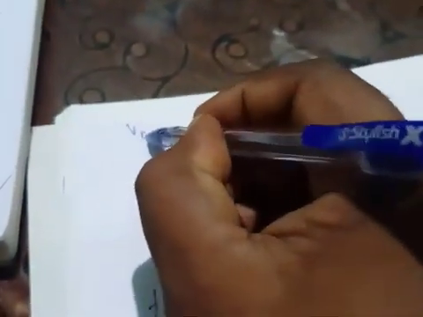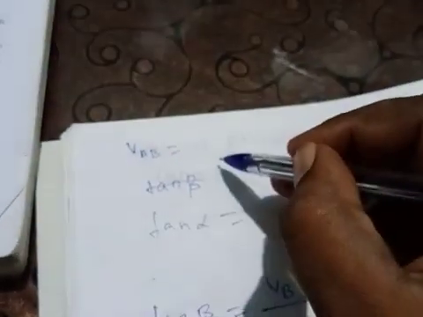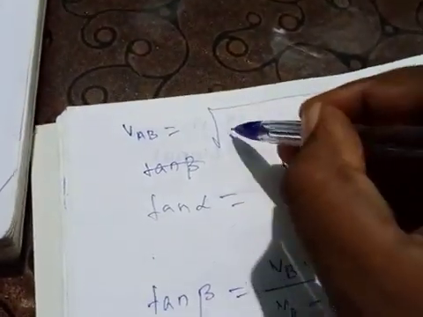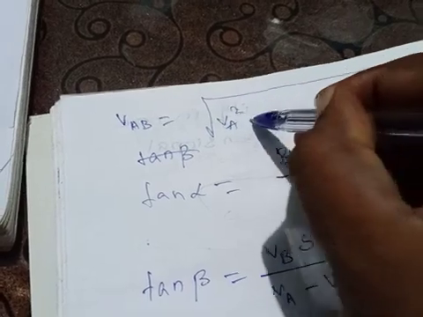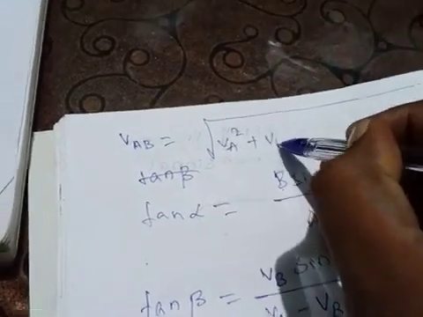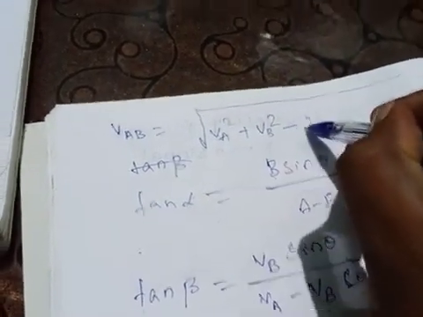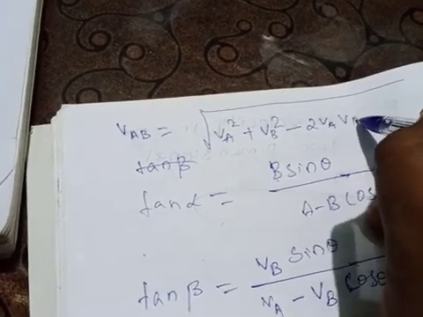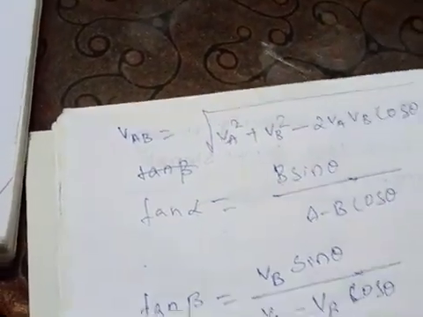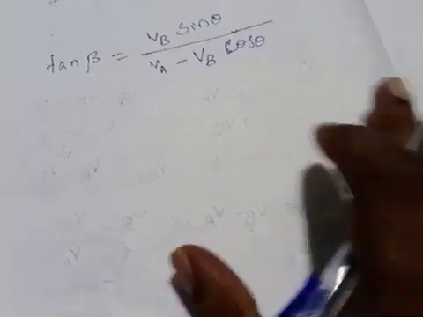So now we need these two formulas. First formula is what? VAB is equal to square root of VA square plus VB square minus 2VA VB cos theta. Now case 3 is finished.